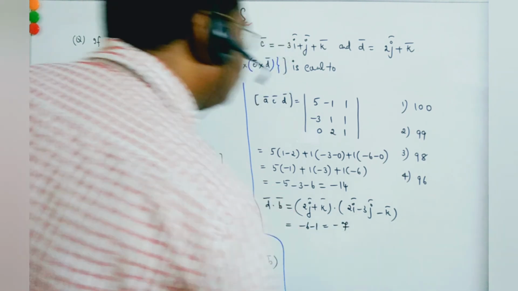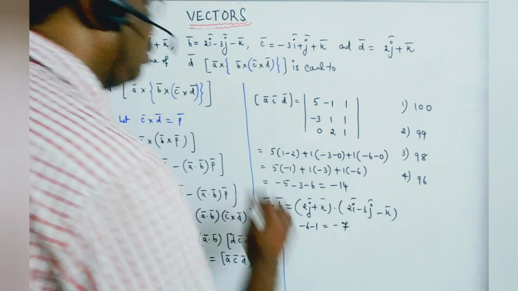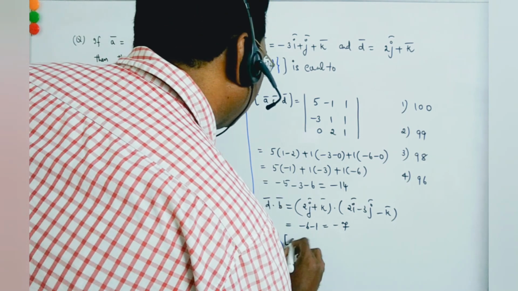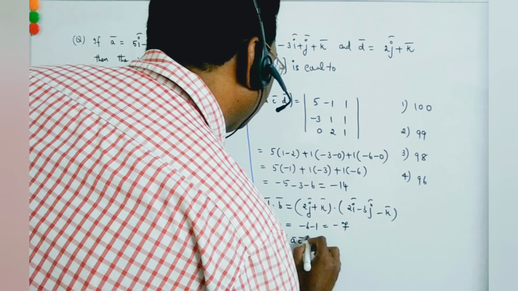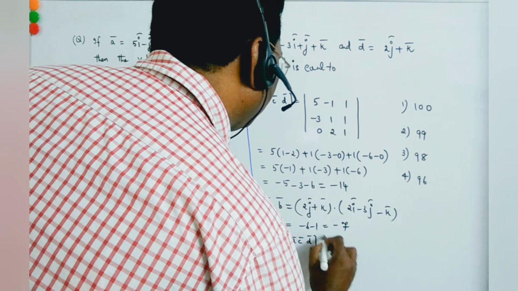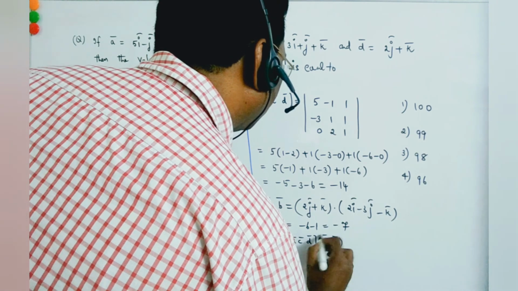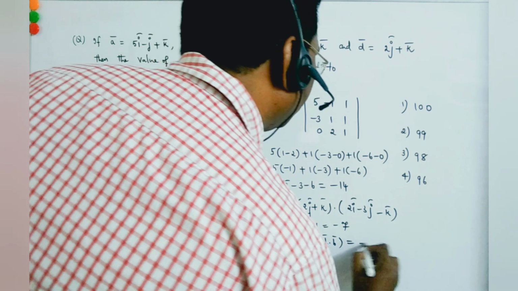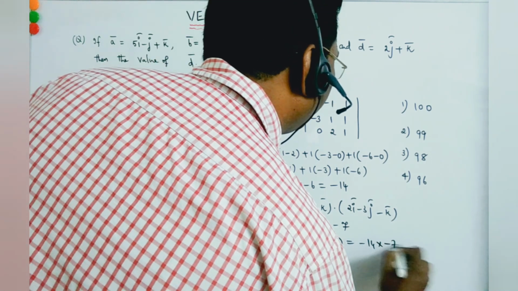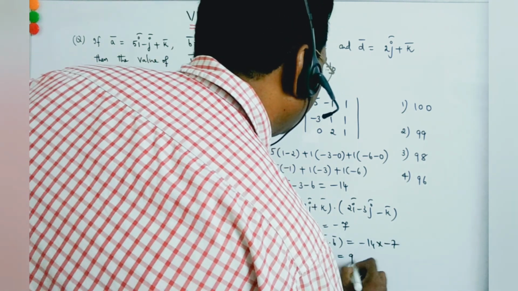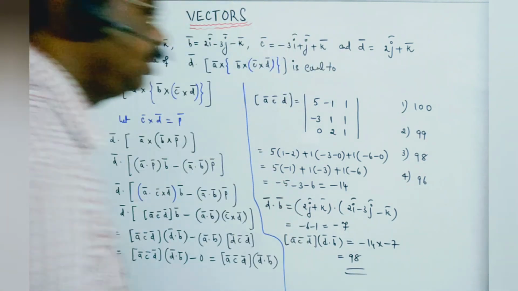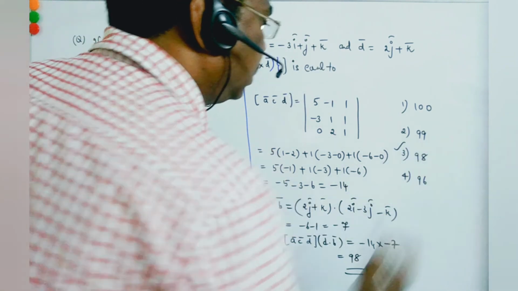This value is minus 7. Now box a bar c bar d bar into d bar dot b bar is equal to minus 14 into minus 7, which is 98. Therefore, option 3 is the correct one.